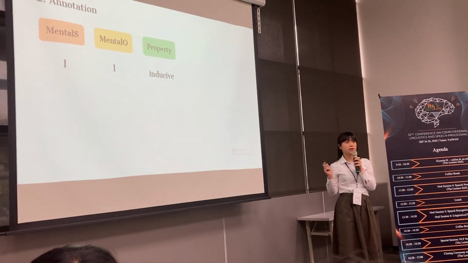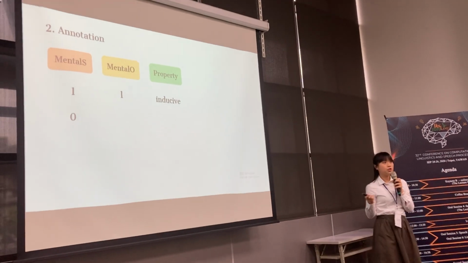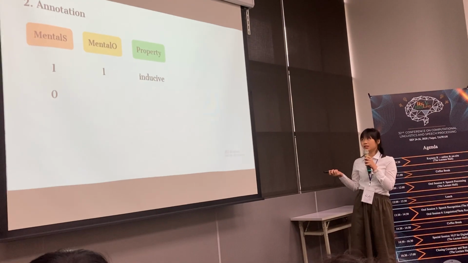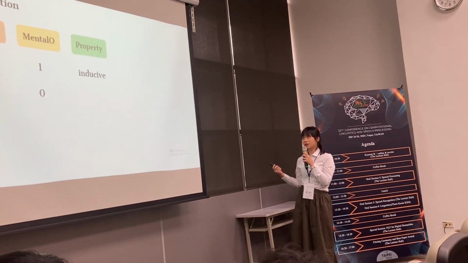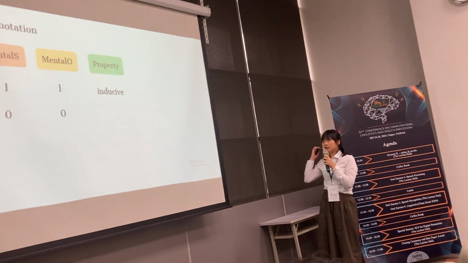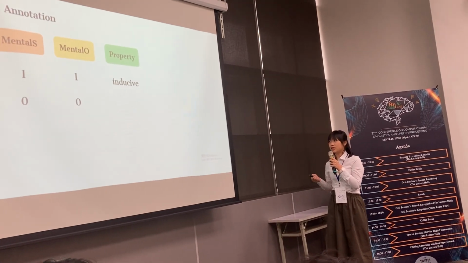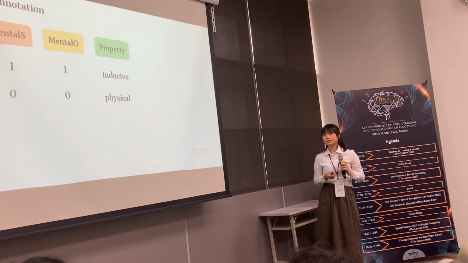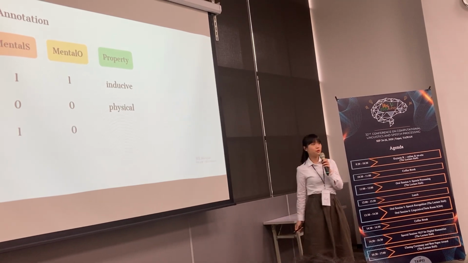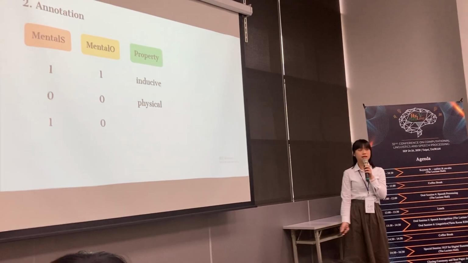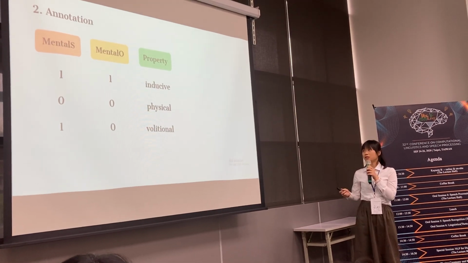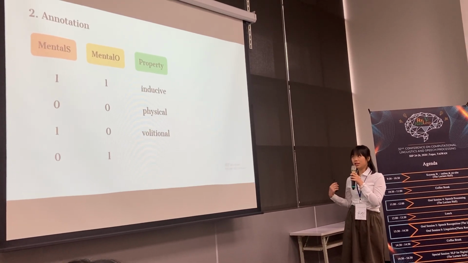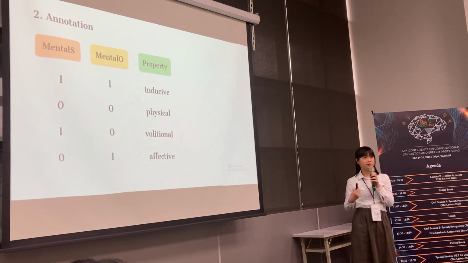If the subject of the construction is non-mental, we label it as 0. And if the object is non-mental, it is also labeled 0. This type of causative construction is called physical. If we have a mental subject and a non-mental object, it is called volitional. If we have a non-mental subject and a mental object, it is affective.